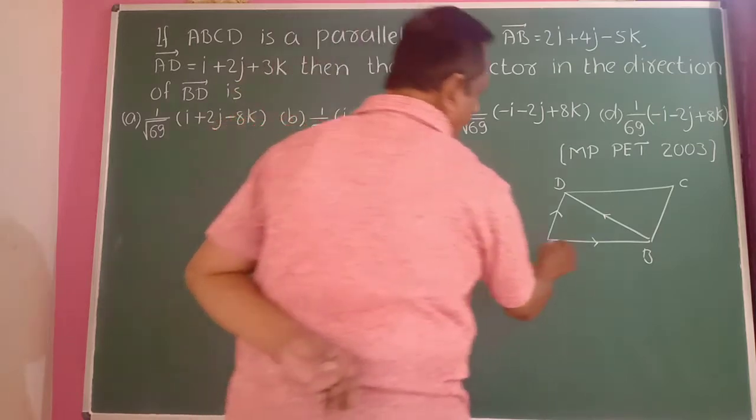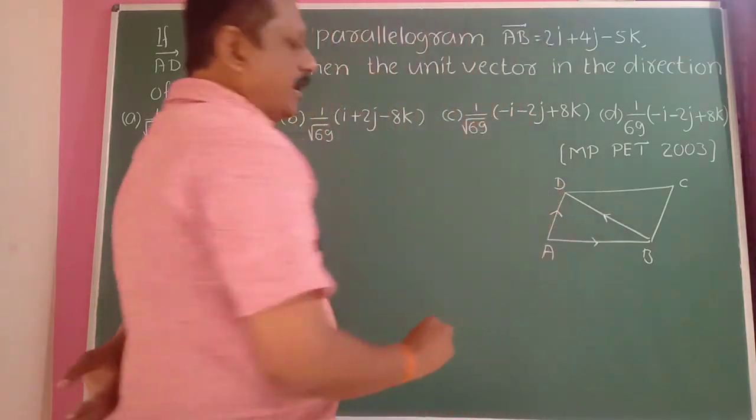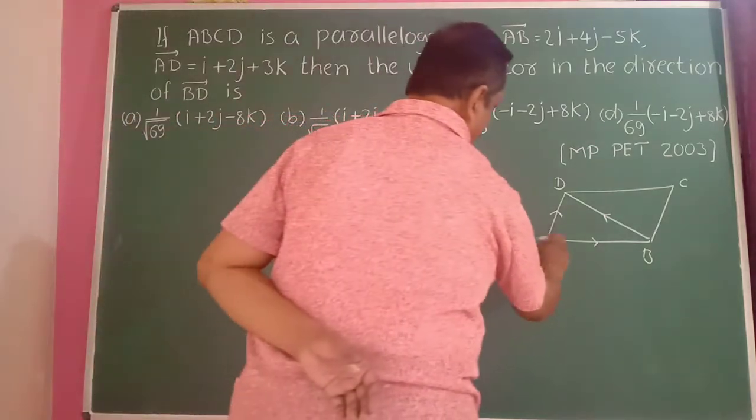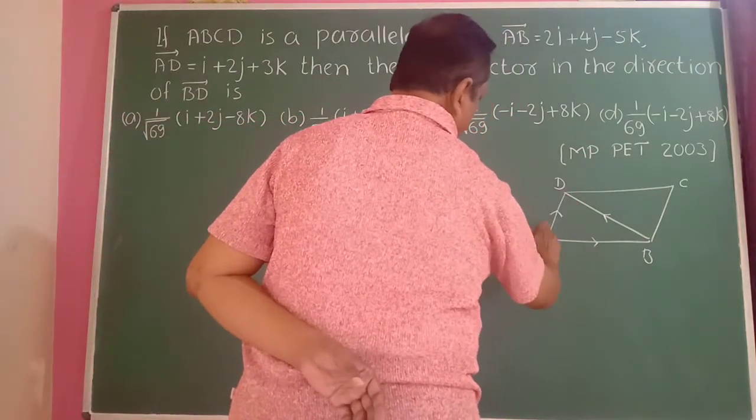Arrow bars are very important here. According to the triangle law of vector addition, AB plus BD is equal to AD.